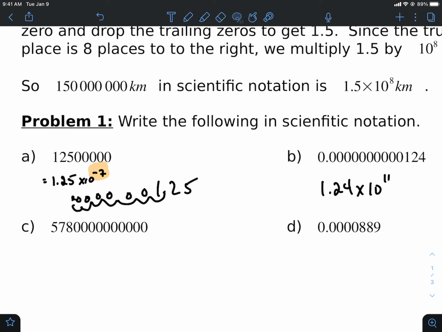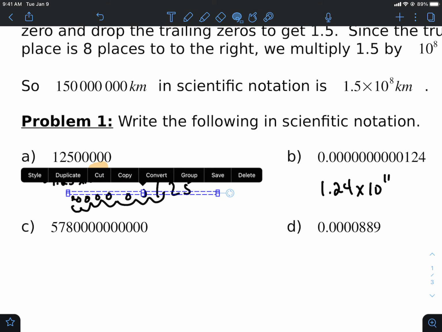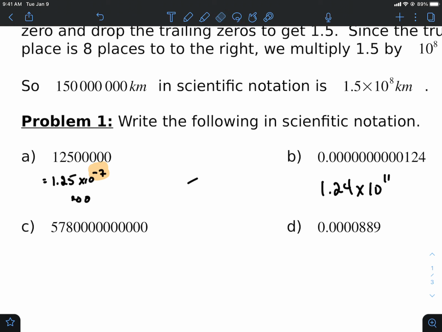So Colson and everybody else who's questioned it is correct. It needs to be positive 7. So that when I take 1.25 and I move that decimal 1, 2, 3, 4, 5, 6, 7, oh, would you look at that? I get the original question back.